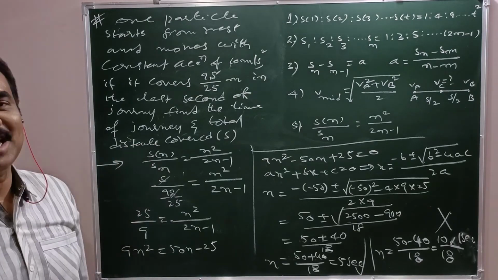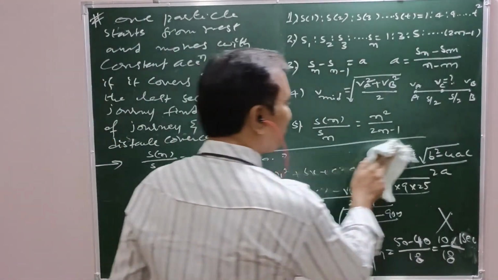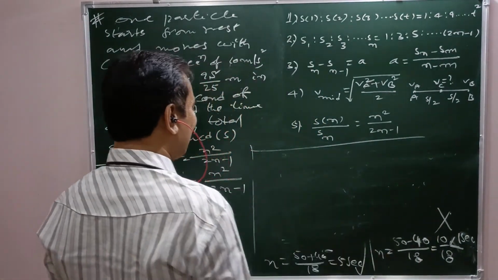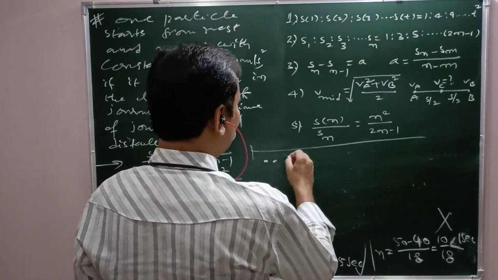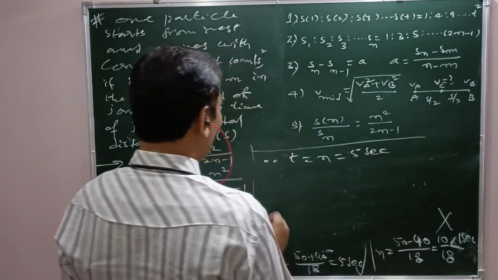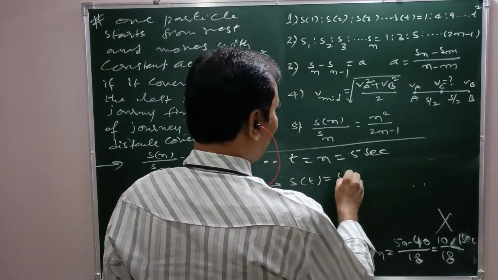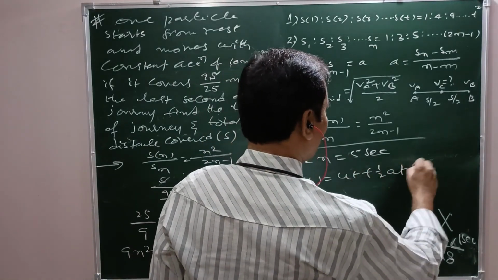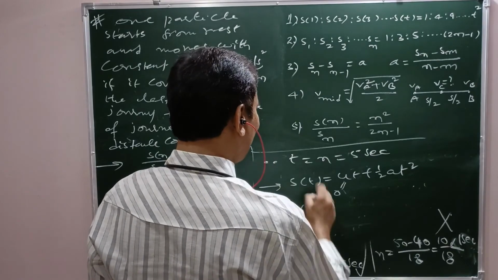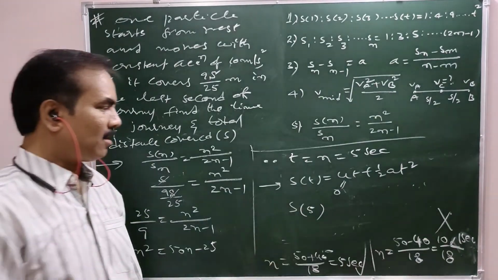Now what is the total distance covered? S equals ut plus half at square. So total journey time t equals n equals 5 seconds. u is 0, and S of t means S of 5, the total distance covered in 5 seconds, not 50 seconds.